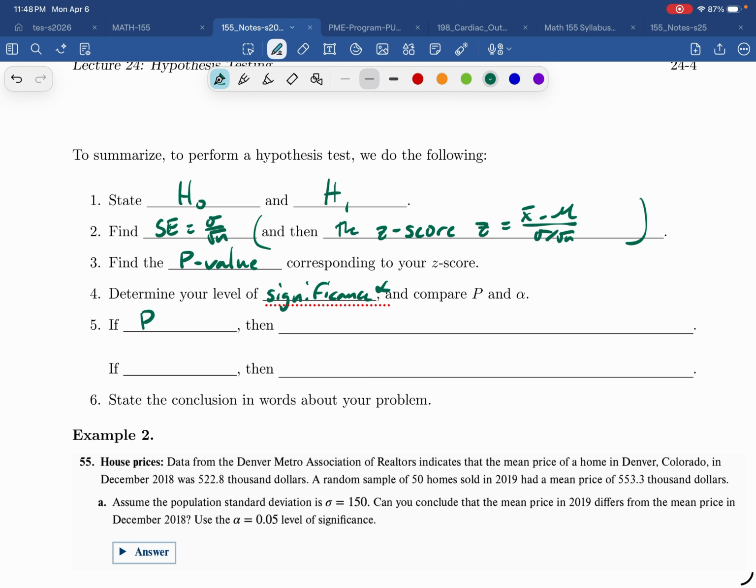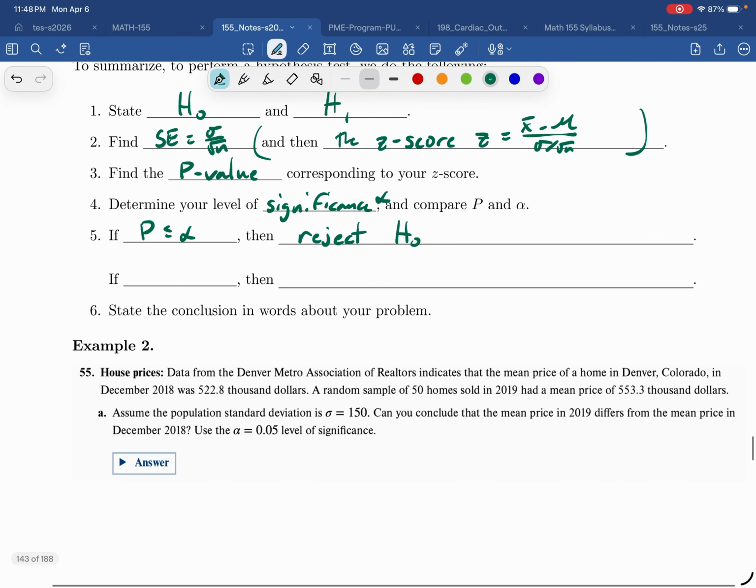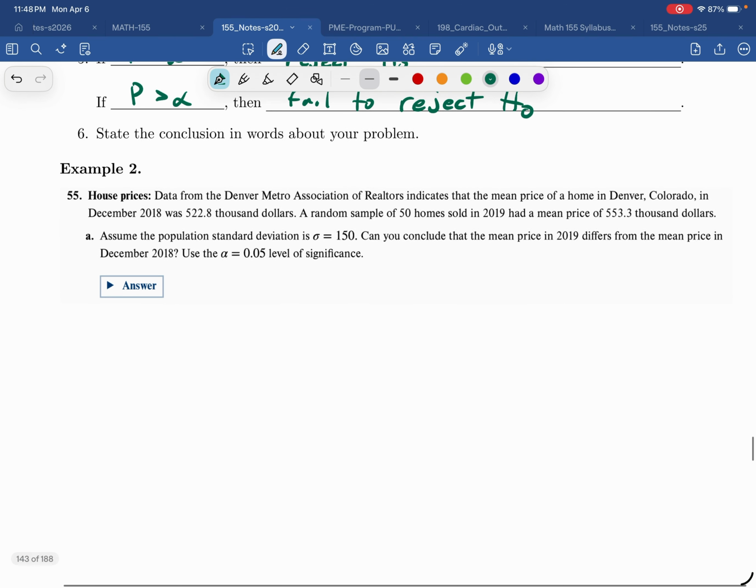If p is less than or equal to alpha, then reject the null hypothesis. If p is greater than alpha, then fail to reject the null hypothesis. Okay, and then state your conclusion. Let's take a look at another example.